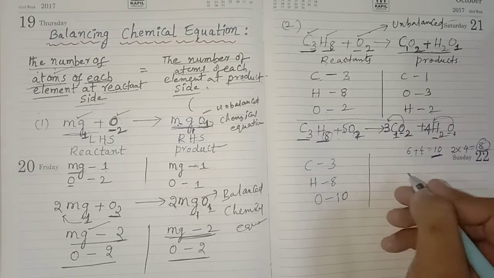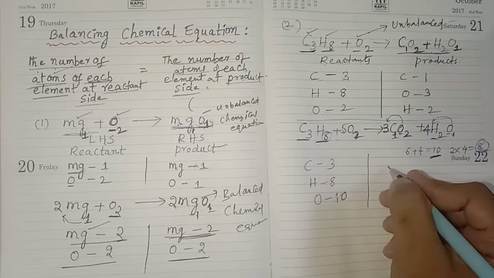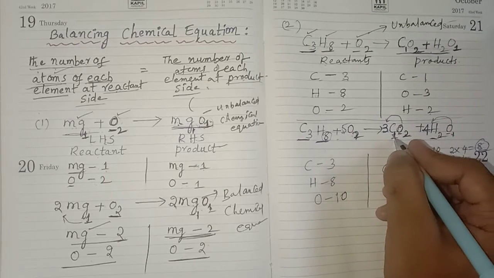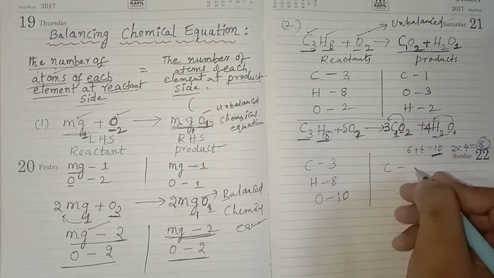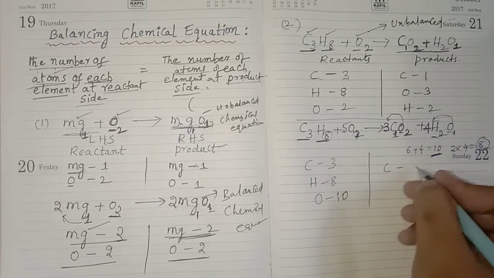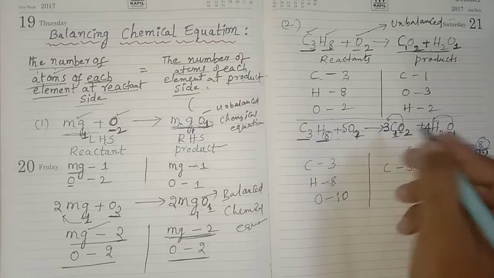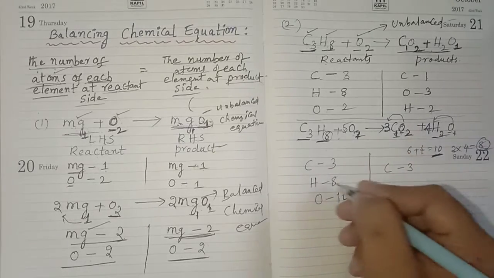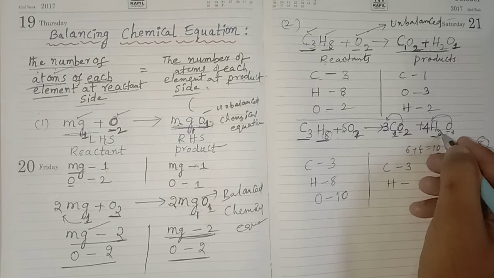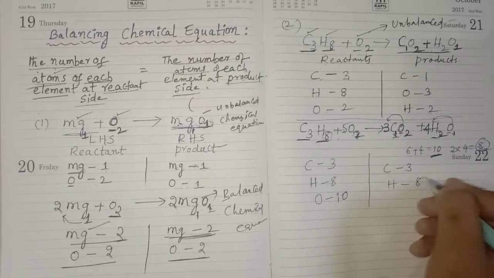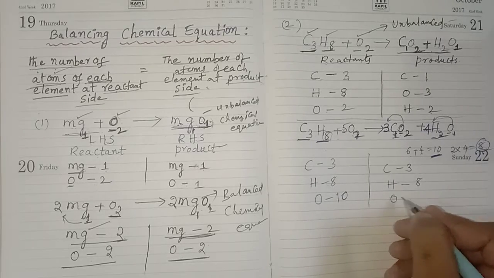Now observe the product side. Let us take carbon: number of atoms into coefficient, 1 into 3 is 3. Then hydrogen: 2 fours are 8. Next, oxygen.